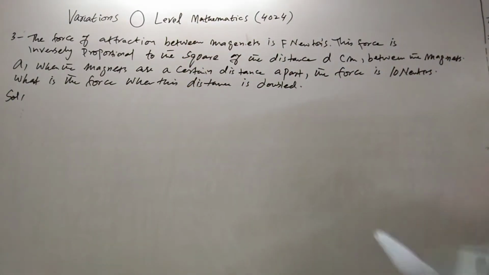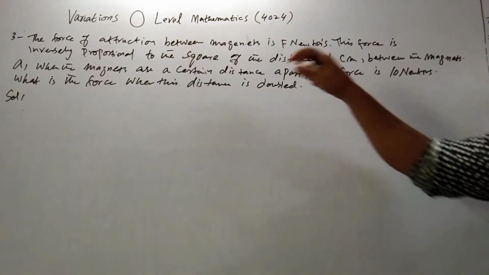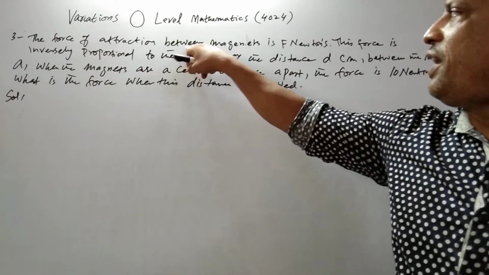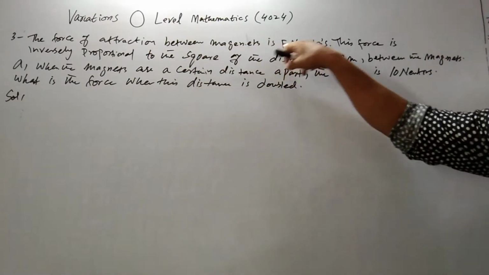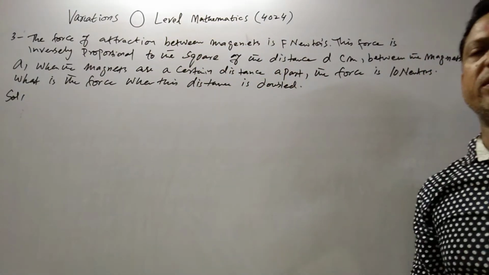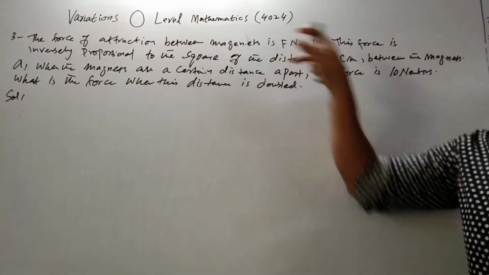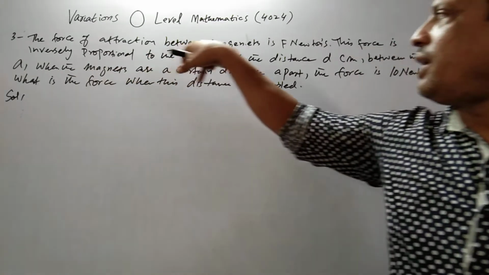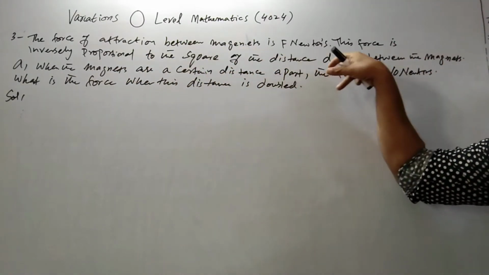Look at the information in this word problem. The force of attraction between magnets is F newtons. So the force of attraction between two magnets is F. This force is inversely proportional to the square of the distance d centimeters.